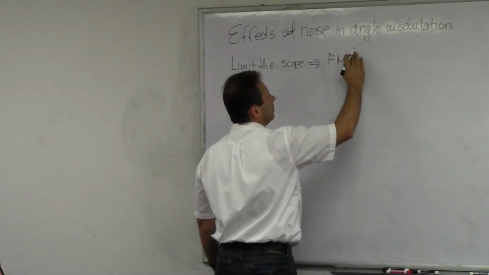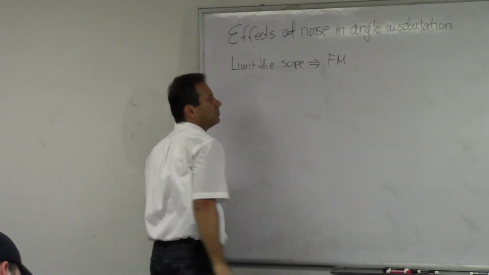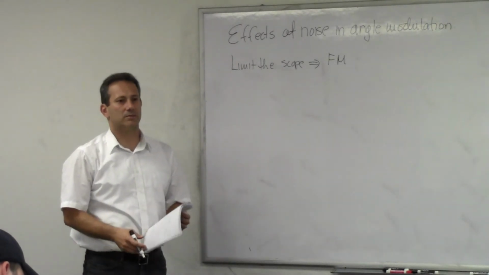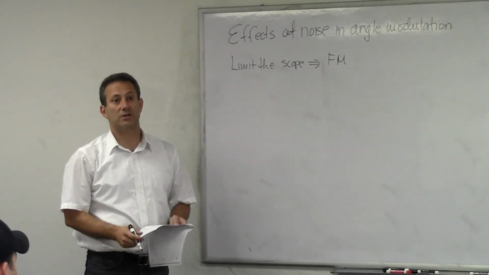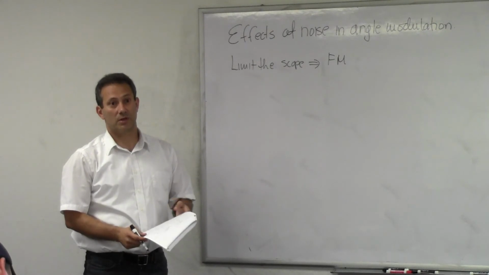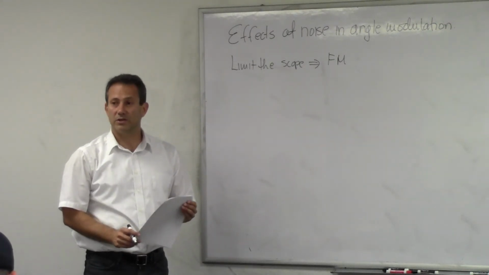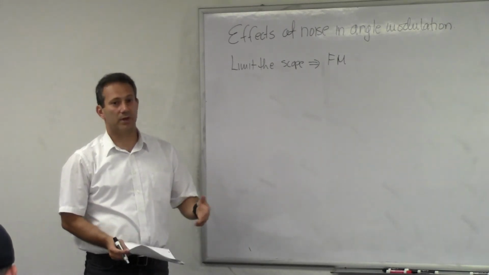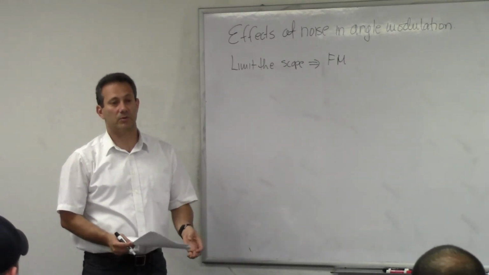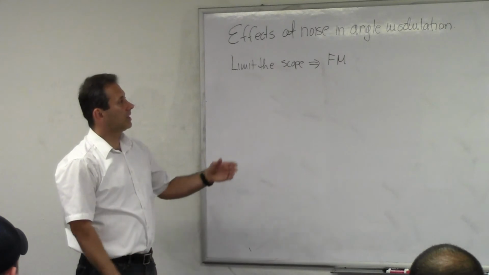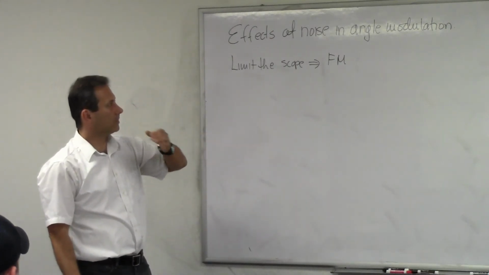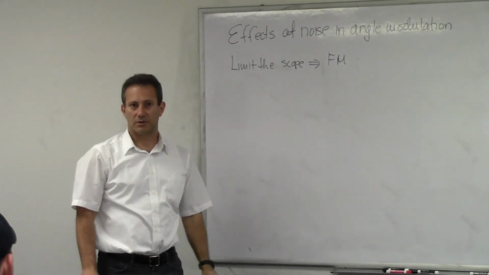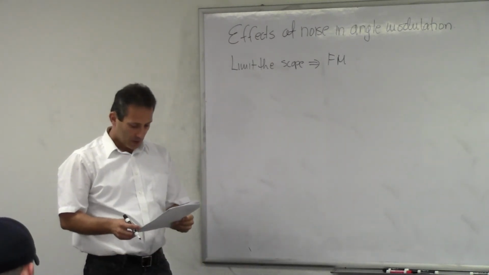I'm going to consider only FM. Phase modulation is not common. I'm not aware of any system that uses phase modulation for analog transmission. On the contrary, in digital transmission, phase modulation is used all the time. It's the dominant type of modulation. So just to make this a little bit more practical, I'm going to limit the scope to FM and just treat the FM modulation.